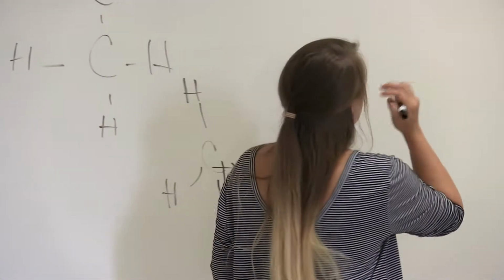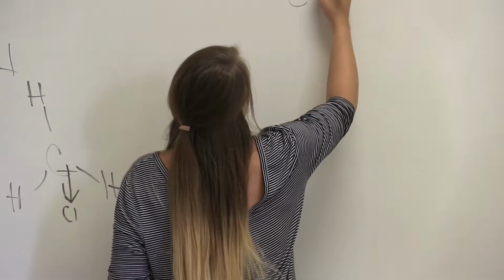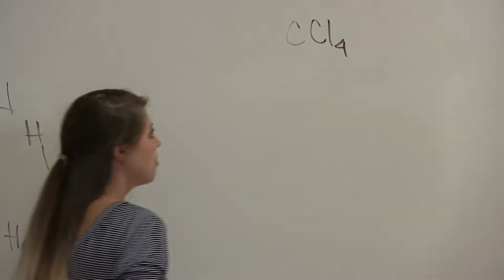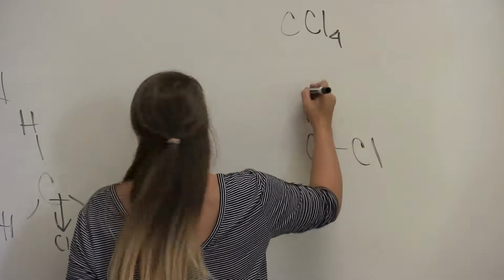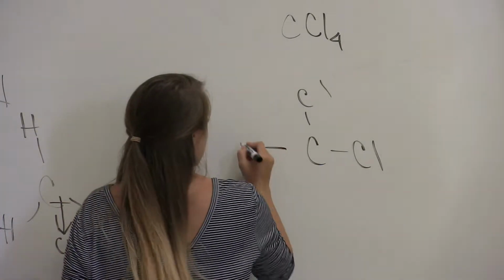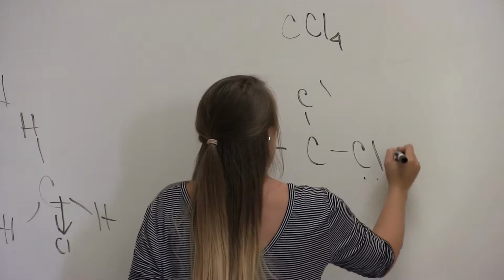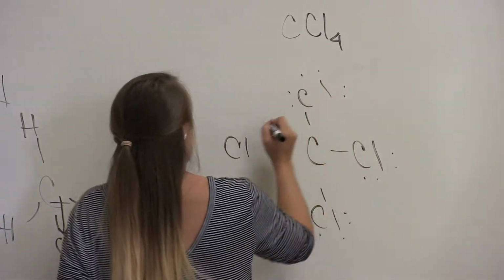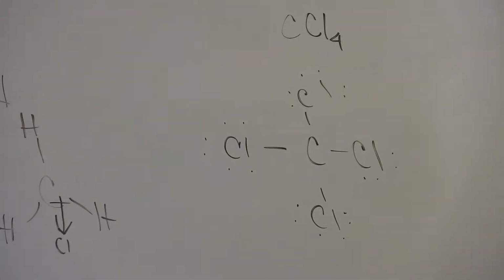Now if we were to look at another molecule, maybe something such as carbon tetrachloride, I didn't draw my Lewis dots on that. If you look at this, these are going to have very similar shapes. They're both tetrahedral.